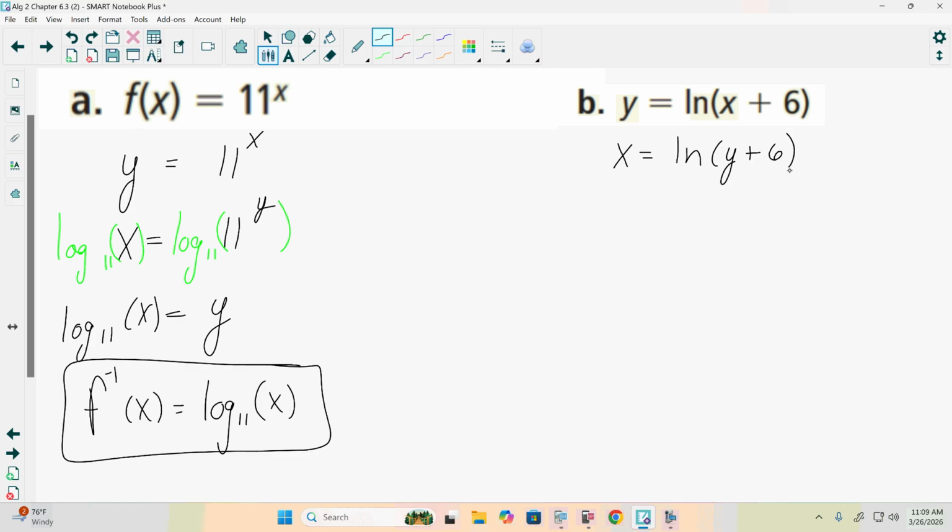Now, if we're starting off in logarithmic, we said just a minute ago, when we have a base to a log, I'll write it out, b to the log base b of x, when this here and this here are the same, it reduces to what's inside the log.